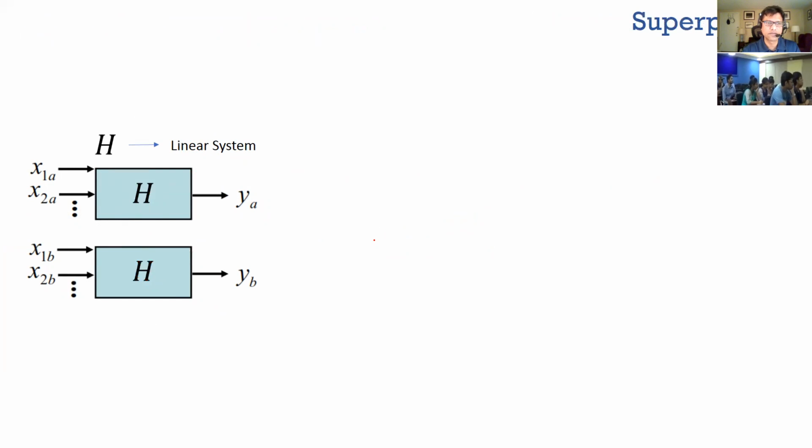Just a quick introduction on superposition, just to introduce the idea of it.